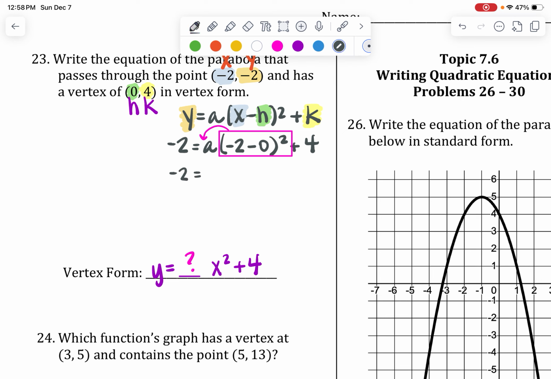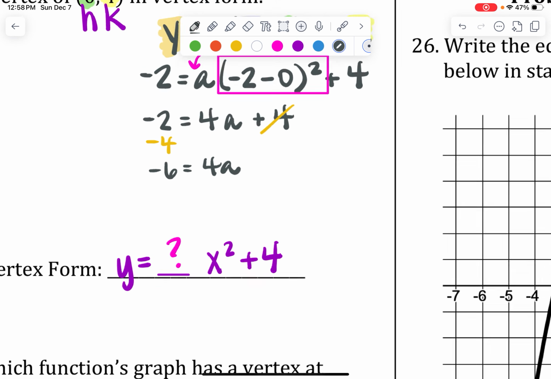So -2 equals, well, this is just going to give me negative 2 squared again, like I got on the last one, which is 4, plus 4. So negative 2 equals 4a plus 4. All right, then we're going to solve for a now. So we're going to subtract the 4, which is going to give us negative 6 equals 4a.